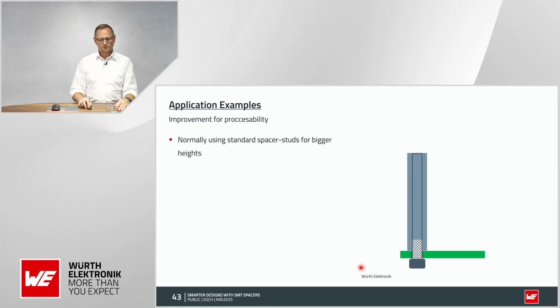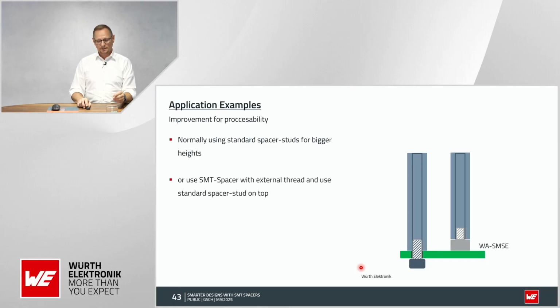Also, traditionally when you use the standard spacer studs, you screw it from underneath of the PCB, but you can also use SMT spacers and just screw this one on top. The advantage is that the PCB is very flat on the bottom side underneath, and the position of the SMT spacer is very accurate, and it's much easier in the handling of the assembly.